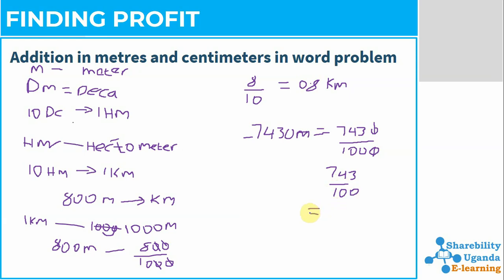When you divide 743 by 100, we get our answer as 7.43. That is the answer that we get. In our recent video on how we can divide large numbers, you can get the concept of coming up with this answer.